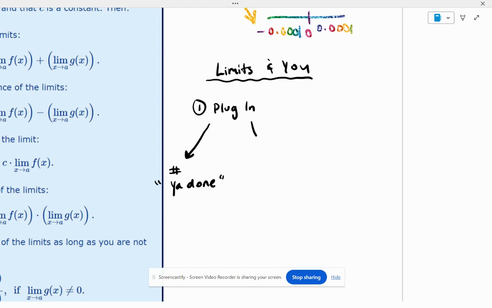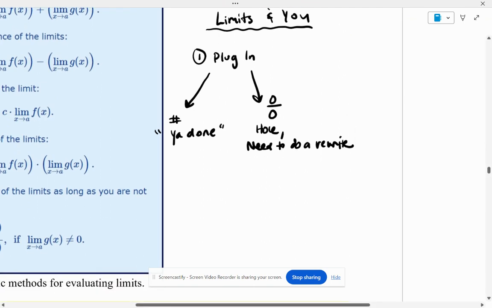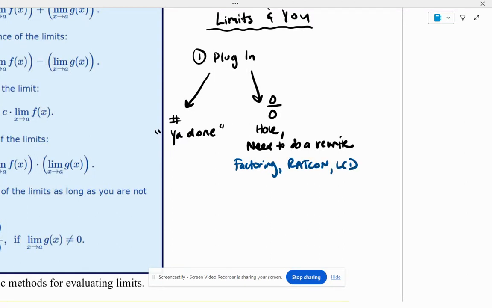If you plug it in and you get 0 over 0, he's an indeterminate form. What do we call him? Or what do you have to do? There's a hole, right? You're going to need to do a rewrite. Rewrites could include factoring, RatCon, and then we're going to do examples with an LCD a little later. Okay? You need to do a rewrite.